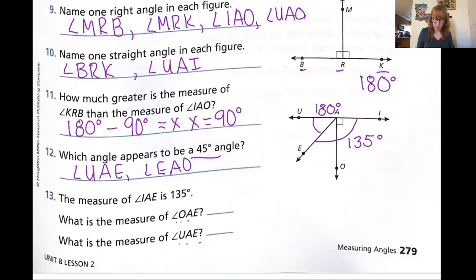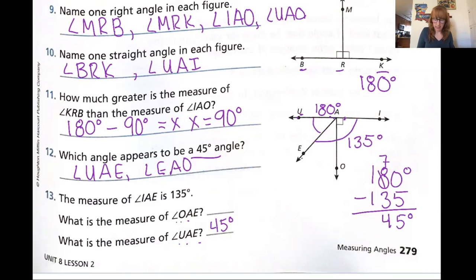So what I could do is take 135 from 180. And you should get 45 degrees. And that's the angle measure of UAE.